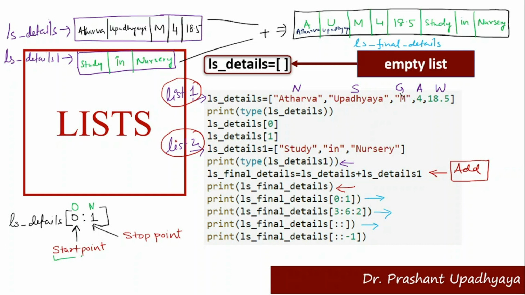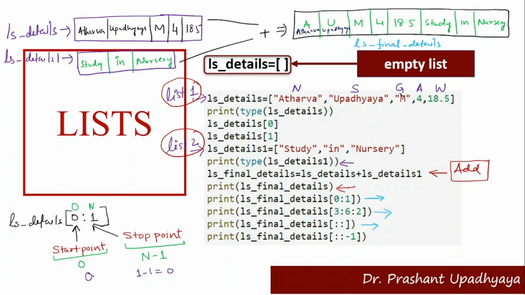My start point will start from 0, and my stop point, where the indexing should stop, will be n minus 1. So if I am typing 0:1, what does it mean? I should start from 0, and the stop is 1 minus 1, so it will be 0.